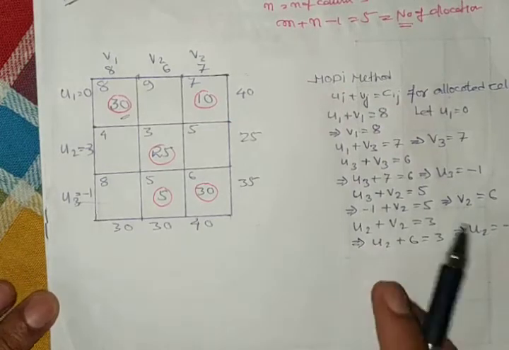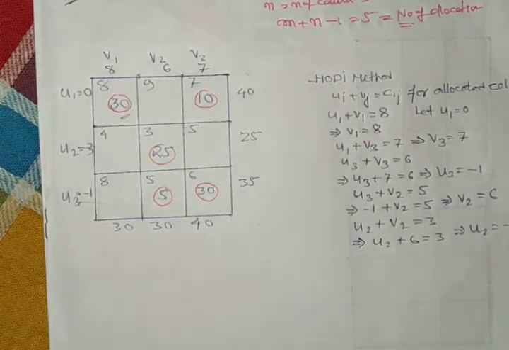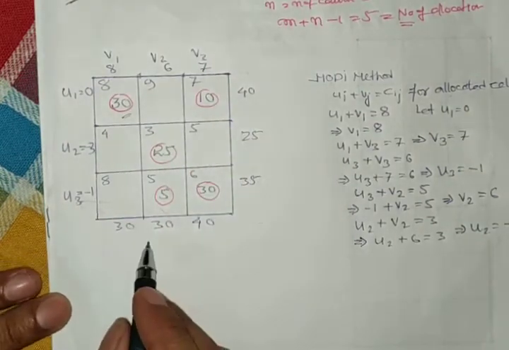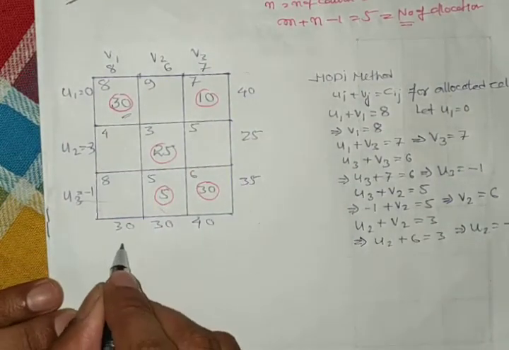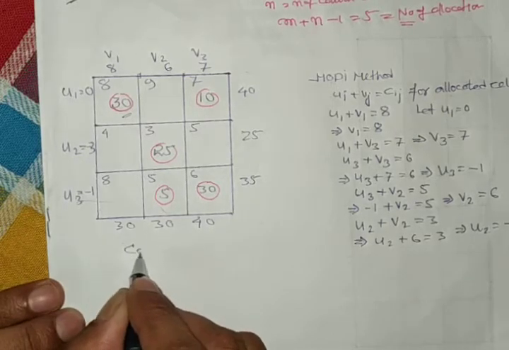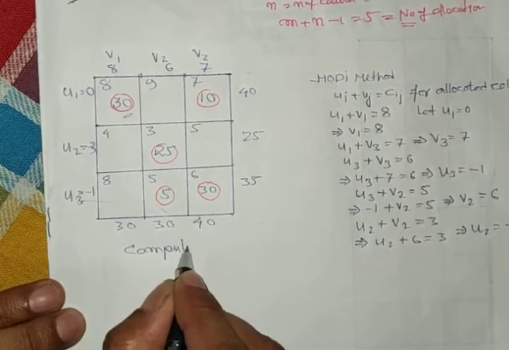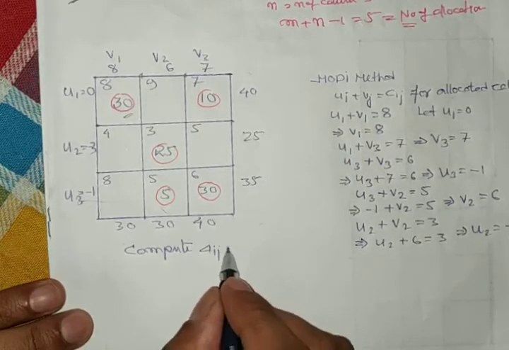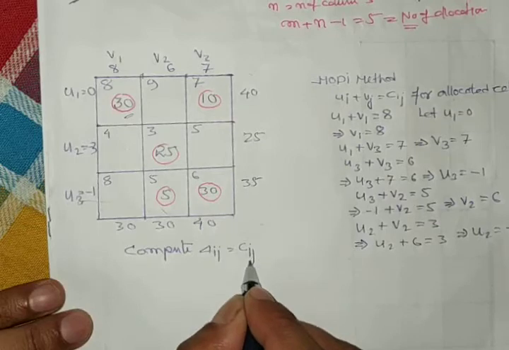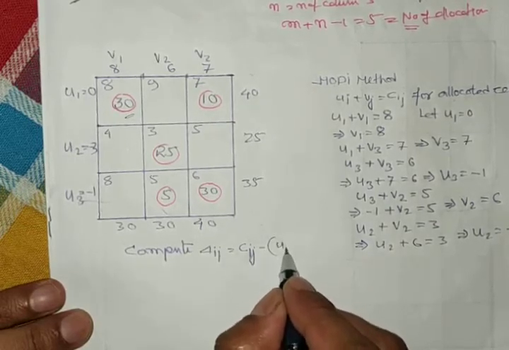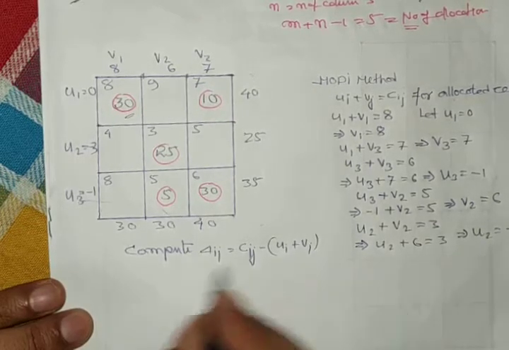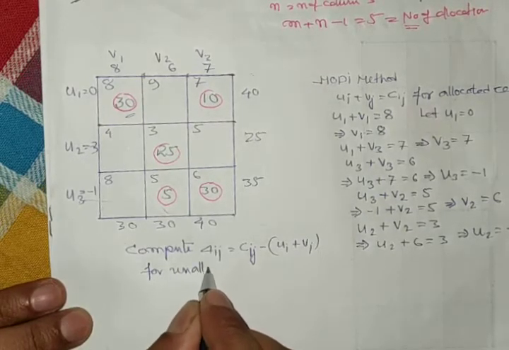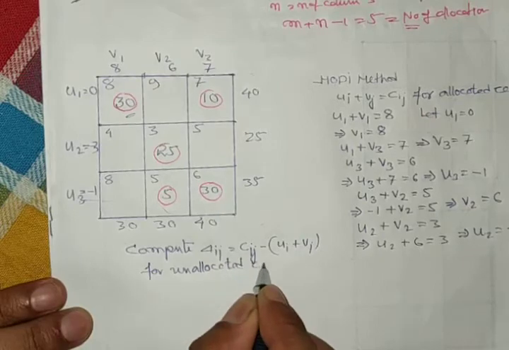So after finding out U1, U2, U3, V1, V2, V3, you have to compute delta ij, which is equal to Cij minus (Ui plus Vj), for the unallocated cells.